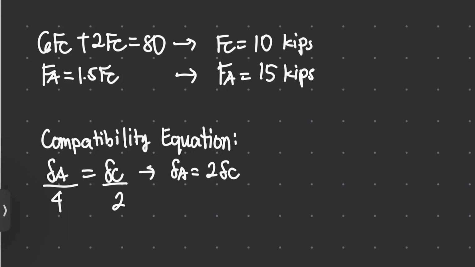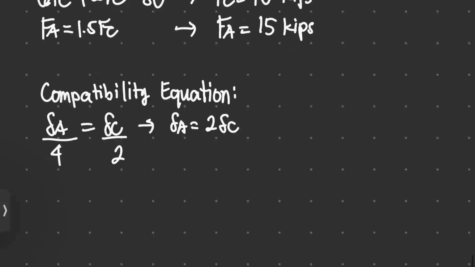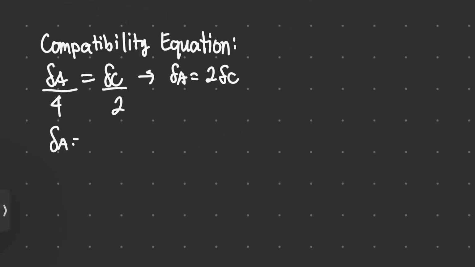Now let's apply combined stresses due to axial force as well as thermal force or thermal stress. So deformation at A can be equal to F_A L_A over A_A times E_A.